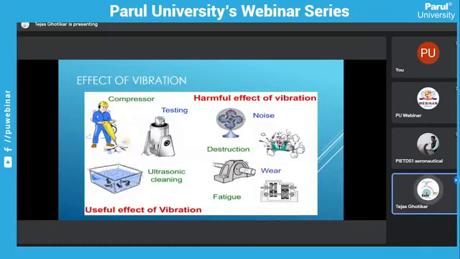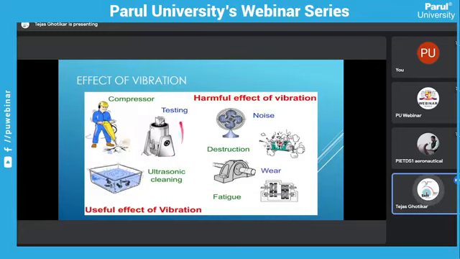Okay, so now if we see the effects of vibration, it's not like vibration is always harmful. We are using vibration for our good, right? If we see the useful effects of vibration, here we are using a vibration hammer to break roads or concrete structures. It's called a jackhammer.